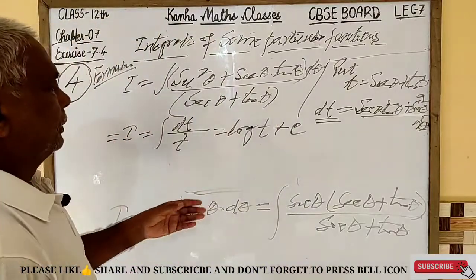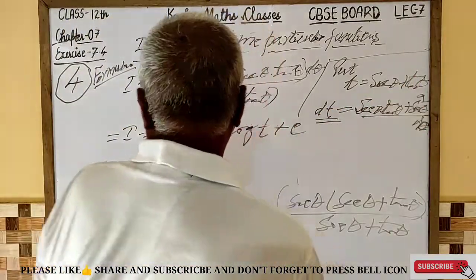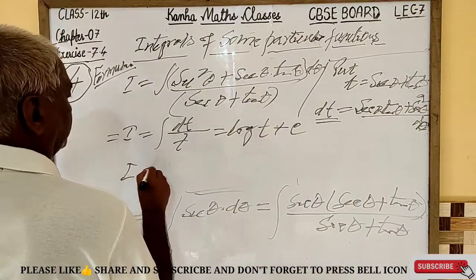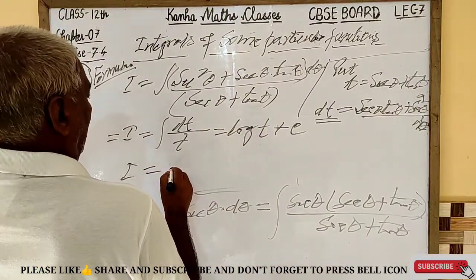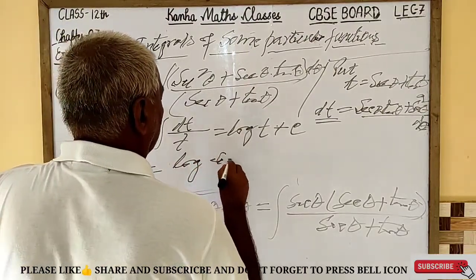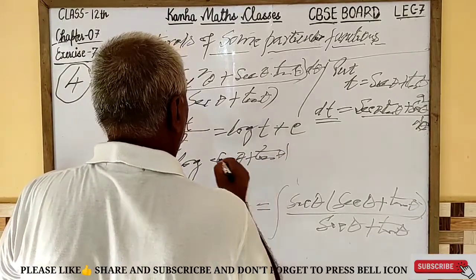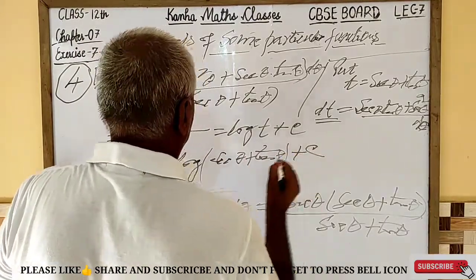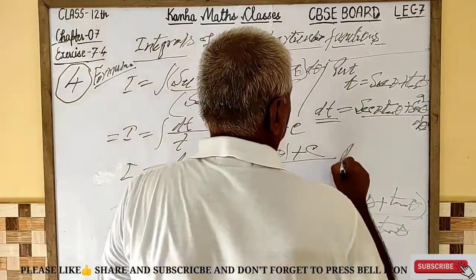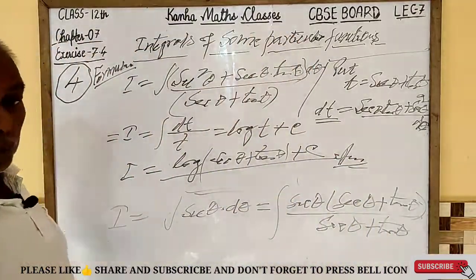If we replace t by sec theta plus tan theta, then I will become log of sec theta plus tan theta plus c. This will be the requisite formula, that is formula number 4.